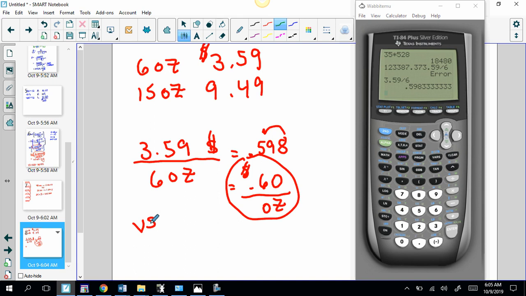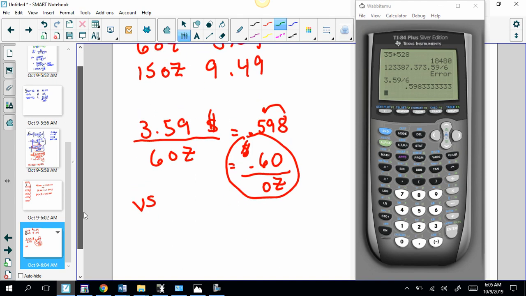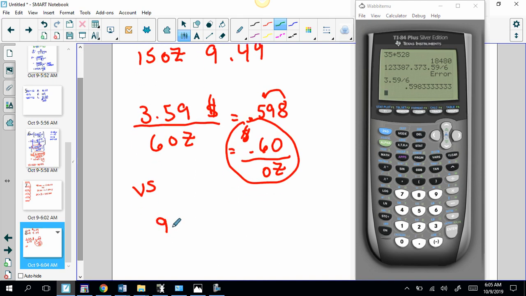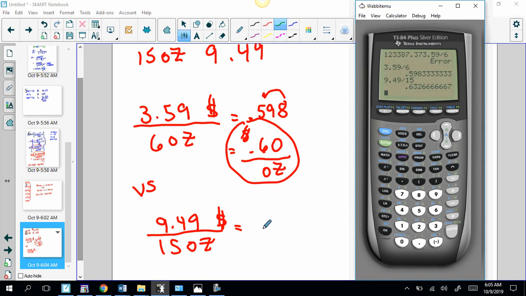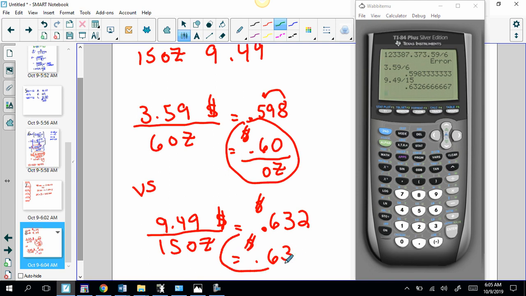versus 9.49 per 15 ounce. So 9.49 divided by 15, 63 cents. Oh, I hate it when the stores do this. Buy the bigger one, end up charging you more. 63 cents or $0.63.